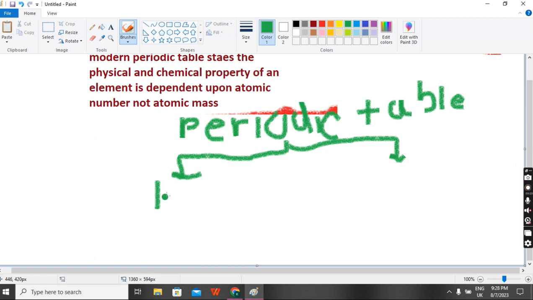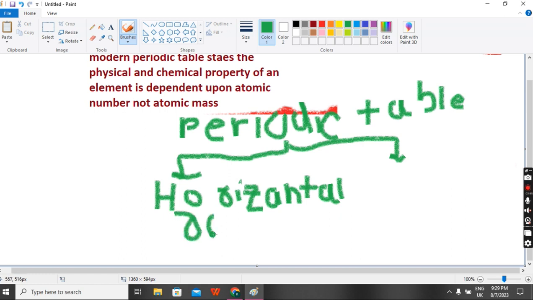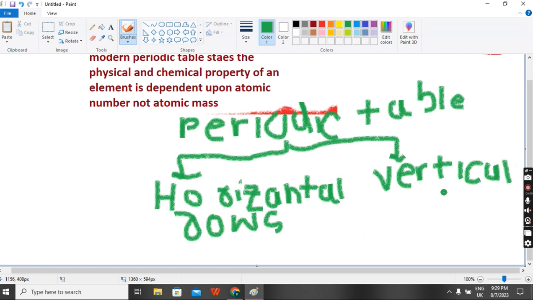First of all, we're going to differentiate. If we talk about the periodic table, we divide it into horizontal rows and vertical columns, right? Firstly, we're going to talk about the period, which is the horizontal rows.